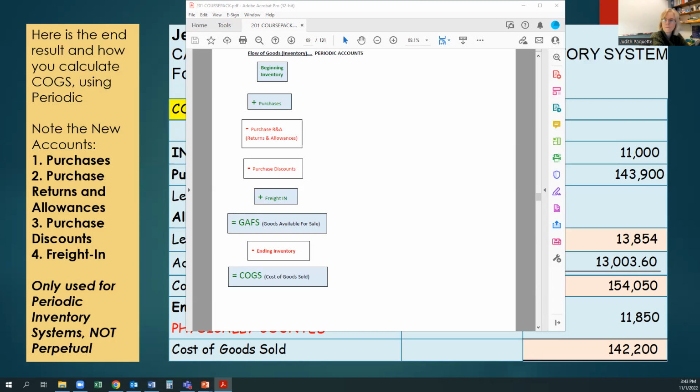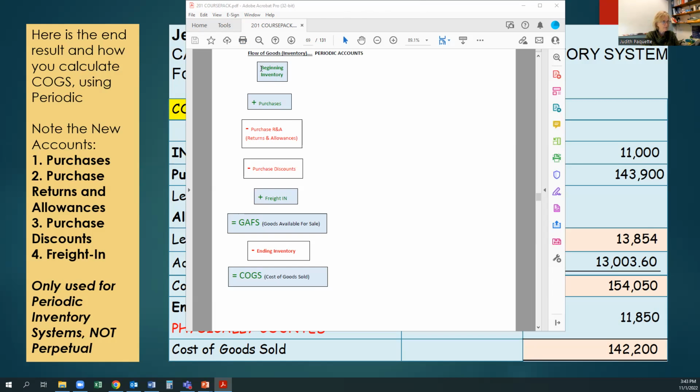Increase. So if we increase purchases, that's a debit. If we increase purchase returns and allowances, that's a credit. If we increase purchase discounts, that's also a credit. And if we increase freight in, that's a debit, right?